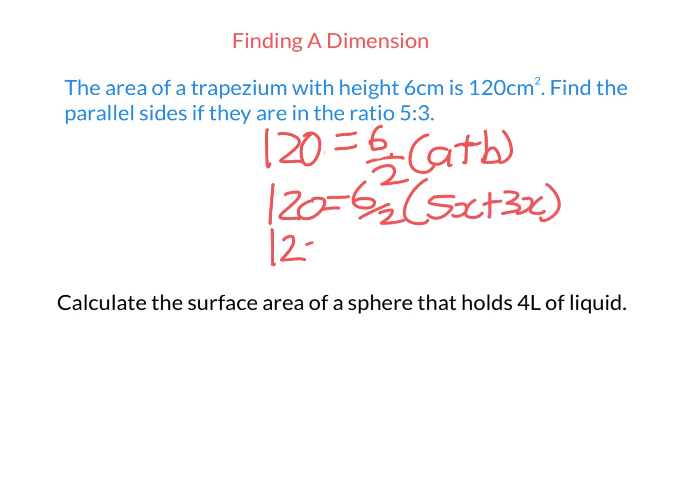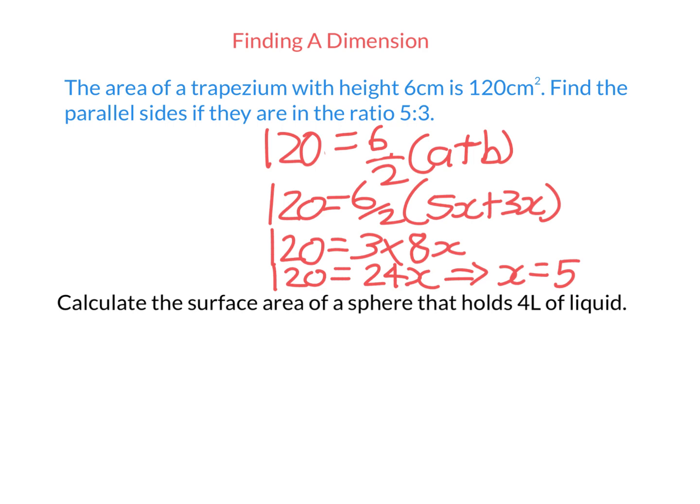So of course 6 over 2 is just 3, and 5x plus 3x is just 8x. So we've got 120 equals 24 times x, so that means x is just 5. So that means that the 2 parallel sides will be 5 times 5, which is 25, and 3 times 5, which is 15. So we are done with the question.